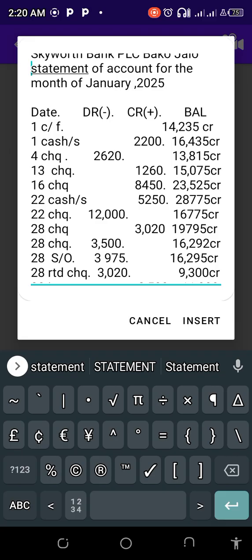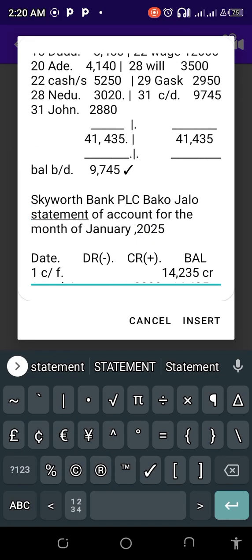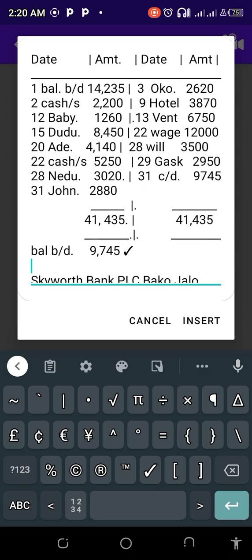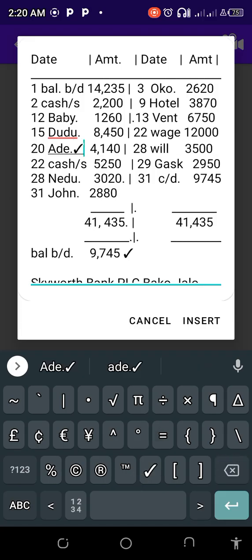There is no Ade, there's no 4,140, and up to the 28th, up to the 30th, there's no 4,140. So Ade's 4,140 is the first uncredited check, and we mark it. The first uncredited check is Ade in that question.